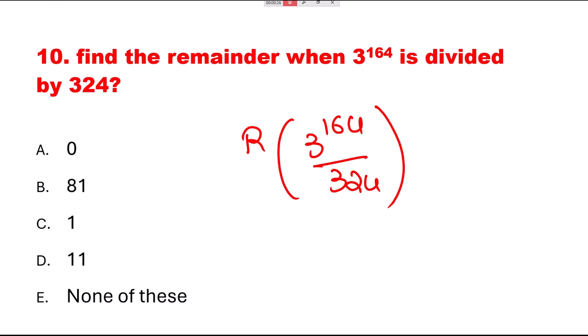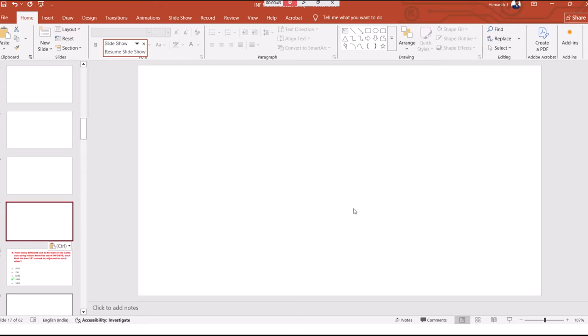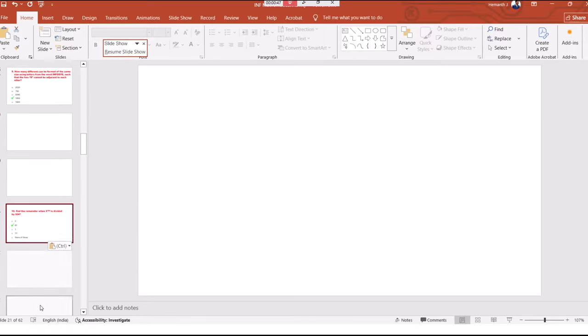Or else we should write 3 in such a way that it is divided by 324, like 3 power 5 is 243, 3 power 6, and see what the remainder is. We can reduce the power, or else directly do this question with 3 power 1, 3 power 2. That is better. I will suggest you go ahead that way.